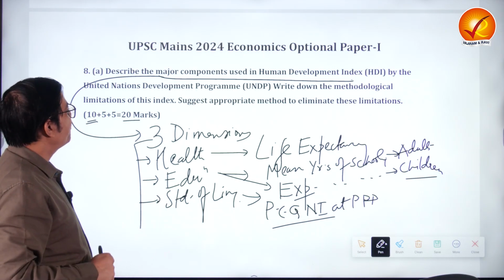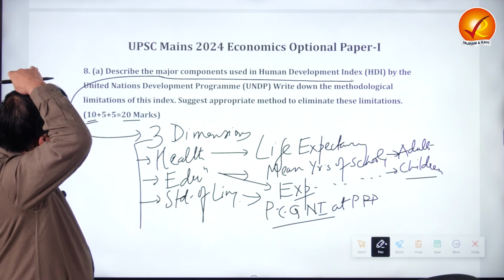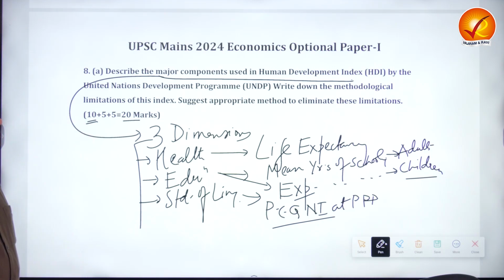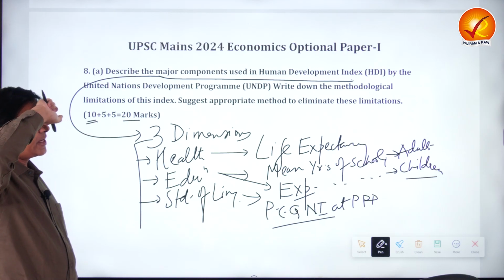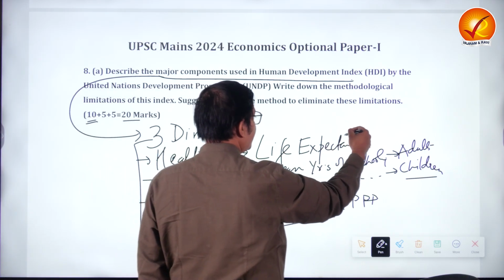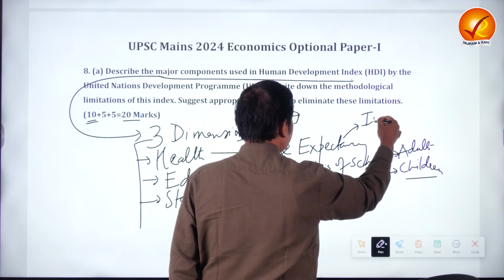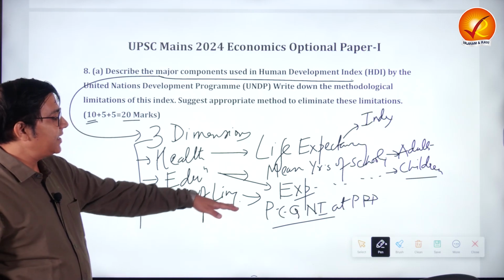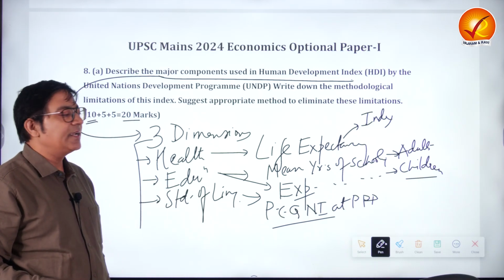In fact, the second part is now telling you to write down methodological limitations. For that you have to write the method also. So what is the method basically? They have 3 types of index coming from there: the life expectancy index, similarly the education index, and the standard of living index.